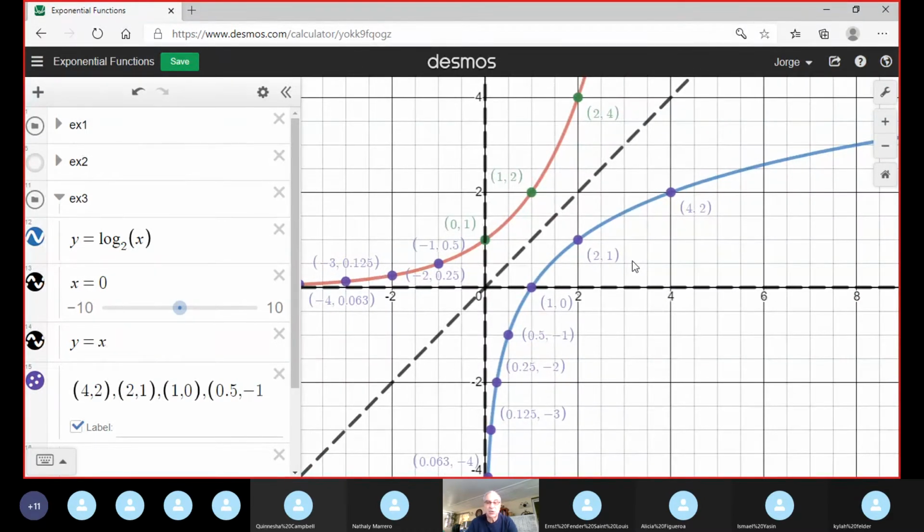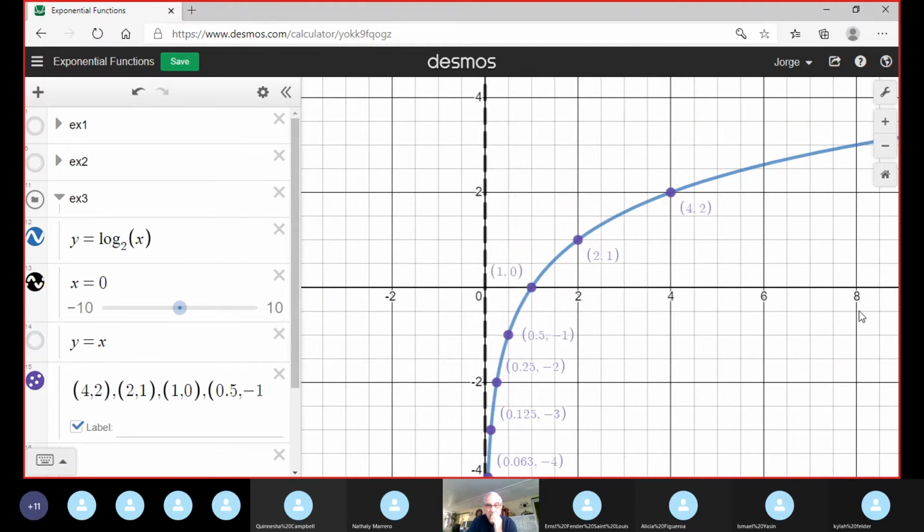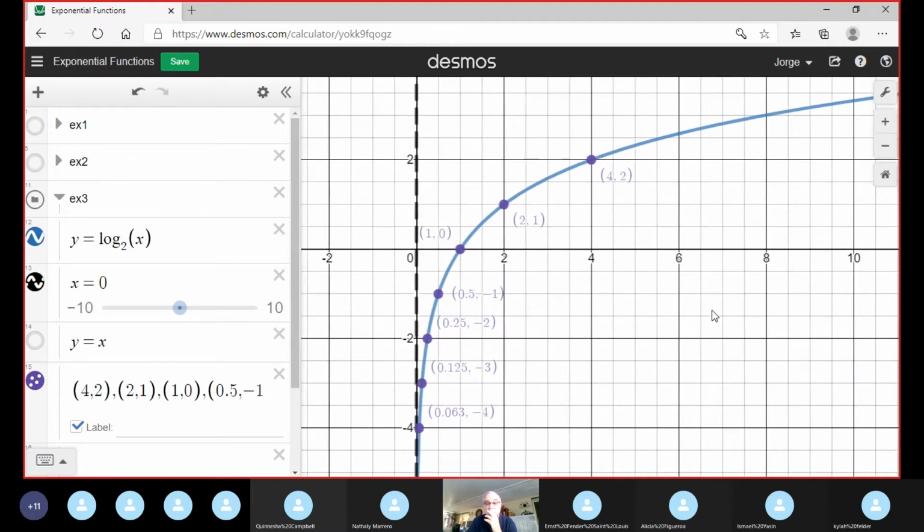Looking at this blue curve, we can predict the domain and range. I pay my attention only to this part. I want to predict using intuition and imagination the domain. Look at that.